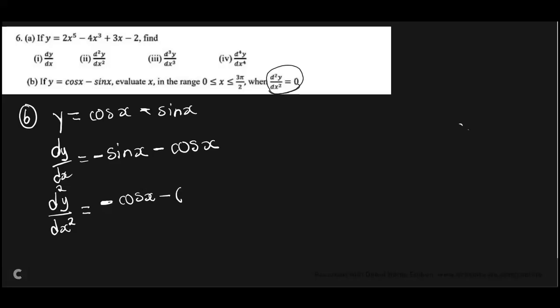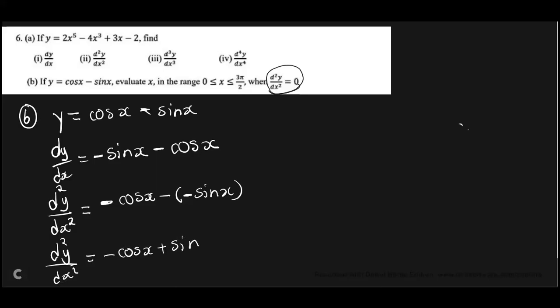So let's differentiate that one, it becomes negative sin x. That means the second derivative, d squared y over dx squared, is negative cos x minus sin x.